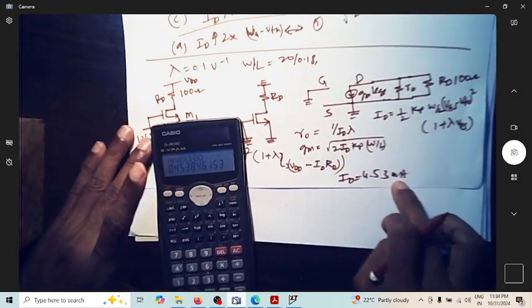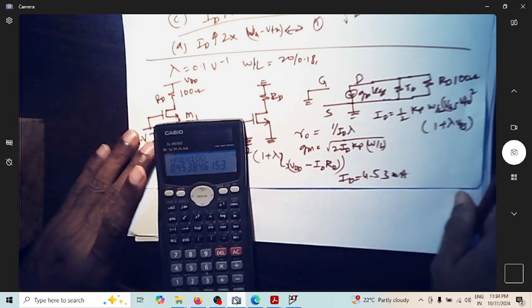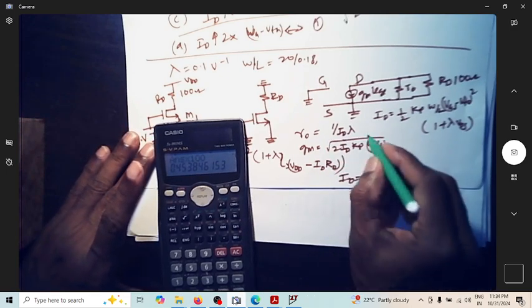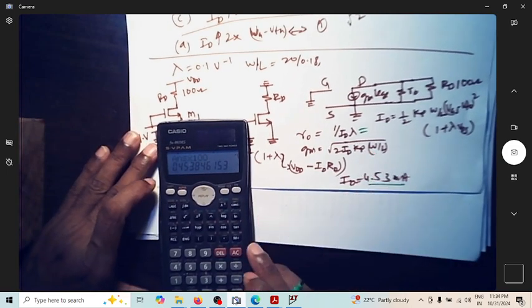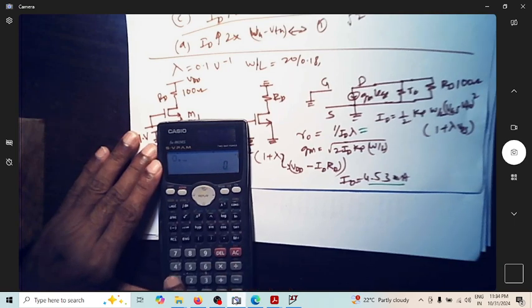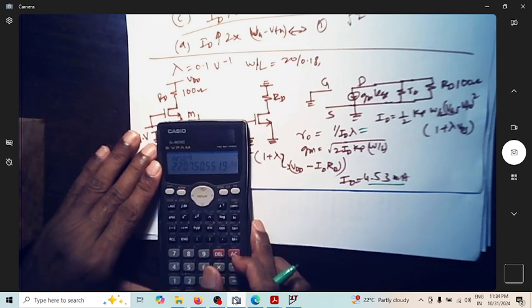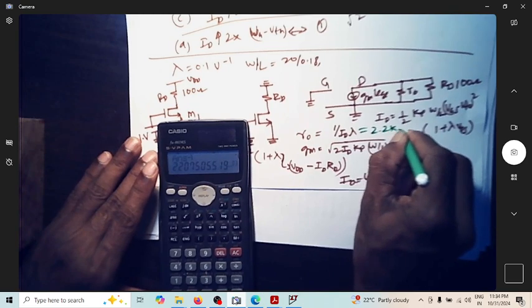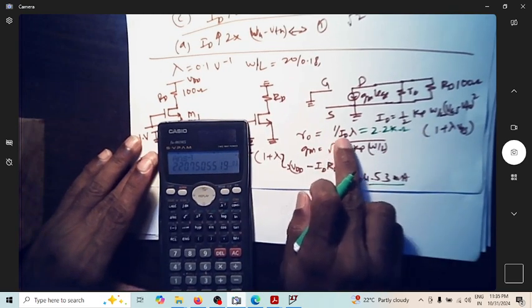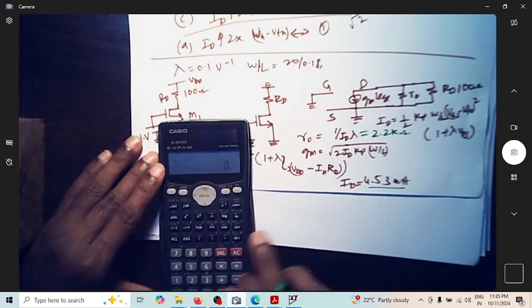So if this is the value of ID, then what is R0? ID is found, so I can find R0. R0 is 1 over ID into lambda. So it is 0.1 into 4.53 exponential minus 3, whole inverse. So it is 2.2 kilo ohm.